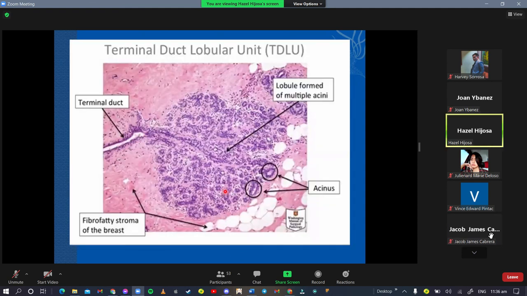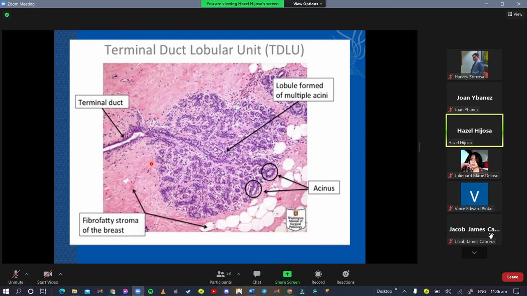Lastly, for the terminal duct lobular units, as mentioned earlier, the duct system begins in the nipple from the lactiferous duct. The lactiferous duct will be expanded at the base of the nipple, with an expanded dilated portion known as the lactiferous sinus.